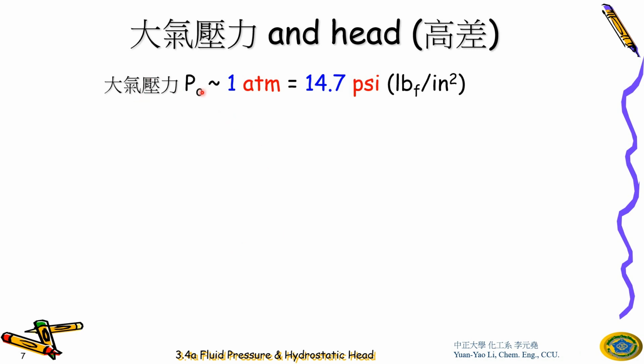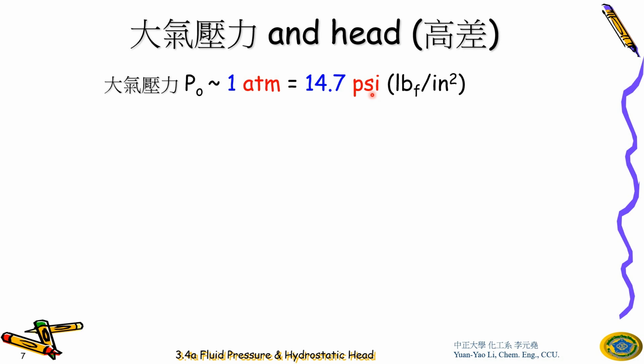The pressure P is equal to 1 ATM. ATM is something I'll explain later, but 1 ATM is 14.7 psi. You just learned psi, right? This is the American engineering system. At this moment we have 1 ATM in this atmosphere, generally speaking.